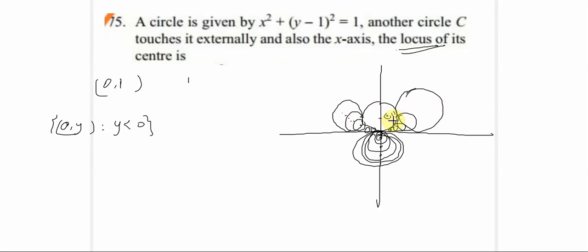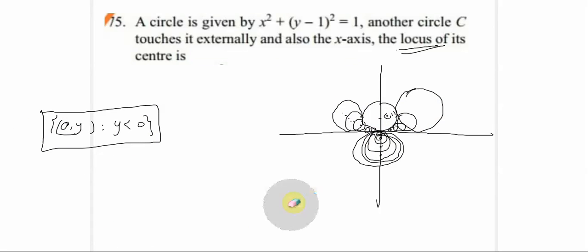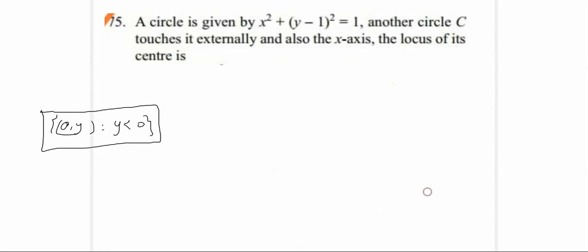Those are all the points which form circles below the x-axis. Let me keep this as part of our answer. For the right side, let's draw a simplified diagram, just having two circles, our main circle and the other circle whose locus we are trying to find.